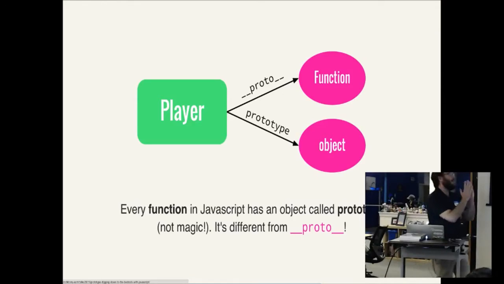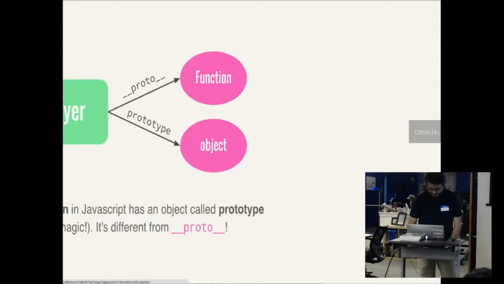So when I'm talking about a function, I can talk about its prototype, which points here to the global function, or I can talk about its prototype object, which is not its prototype. It's just an object that JavaScript gives you. So hopefully I'll explain in a second why JavaScript does this, because it's really confusing.